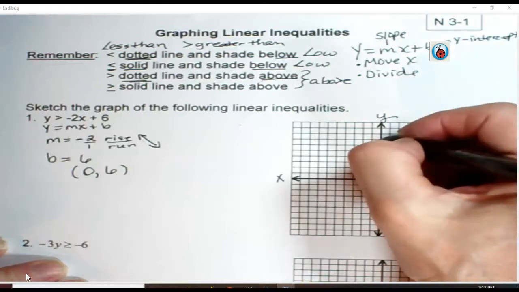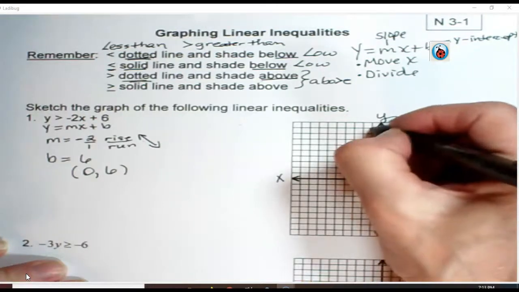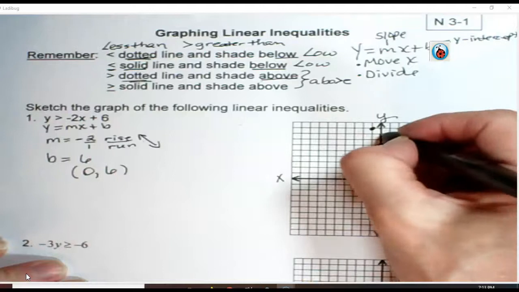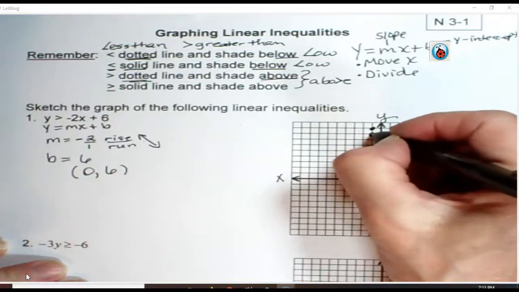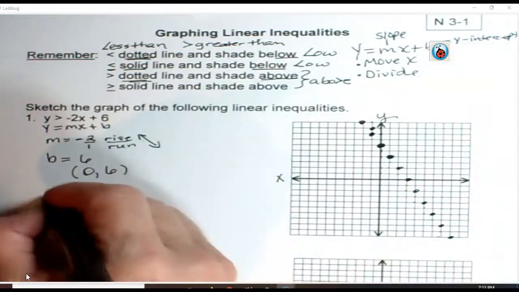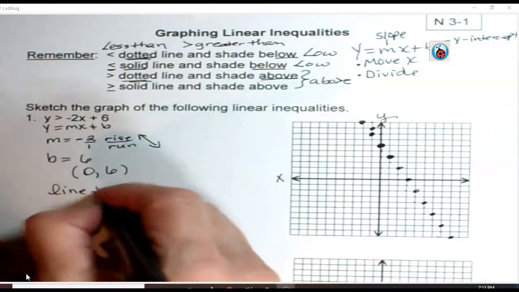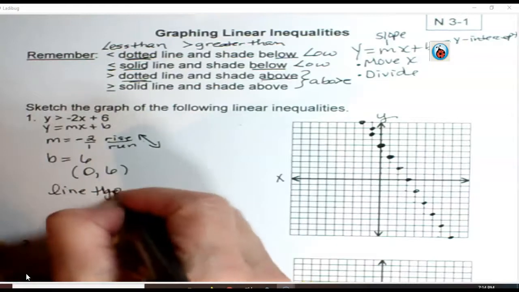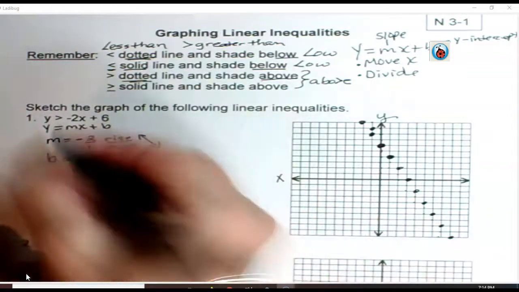Okay, the very first line that we're going to do here, oops, I went up 1, 2 over 1. Sorry about that. That's not right. Up 2 over 1. Okay, now, what type of line? When you're doing the line type, you've got to look at the inequality.